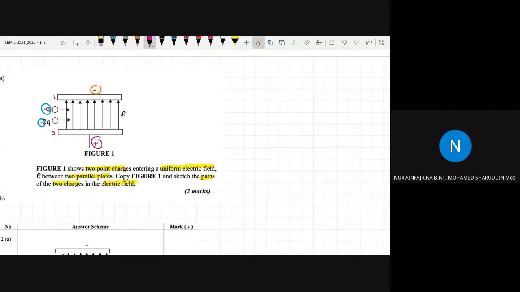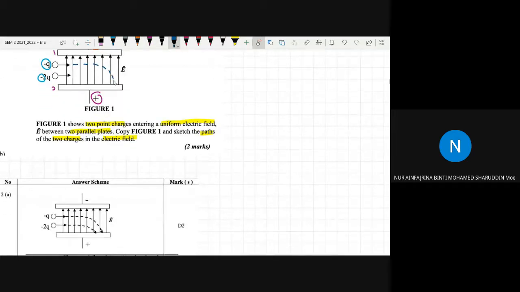But awak rasa yang mana akan jatuh lebih jauh? Okay, which one yang akan jatuh lebih jauh? Negative Q or negative 2Q charge? Q. Very good. So Q will deflect jauh lagi. Okay, so as you can see, Q akan deflect jauh. Whereas negative 2Q dia akan jatuh dekat sikit.